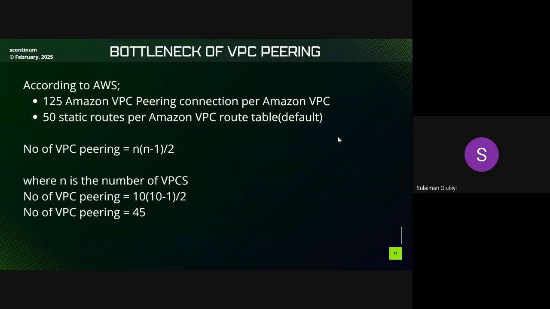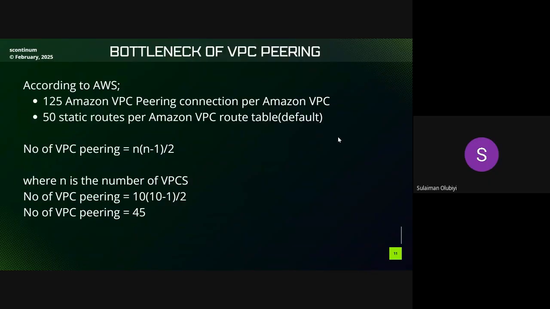I think we only got two responses. I hope you get my question: assuming you have 100 VPCs, what's the number of VPC peerings you will have? Let's use the formula on 100. Yes, 4,950. I can see Bowie as well.